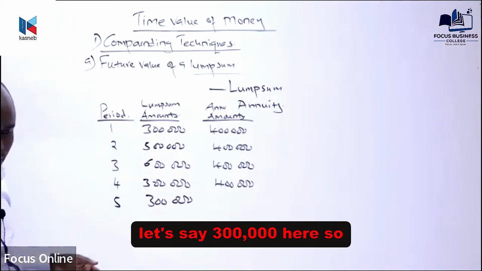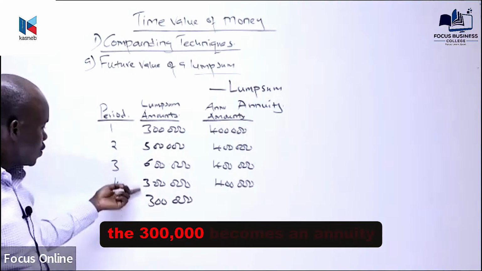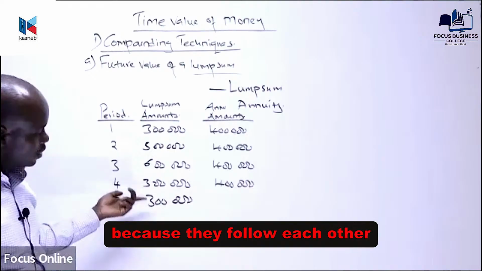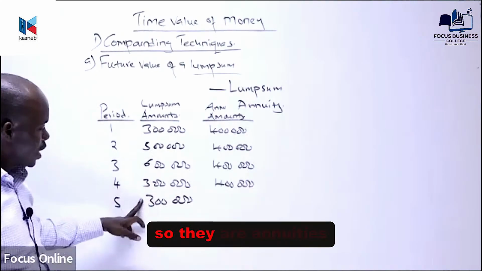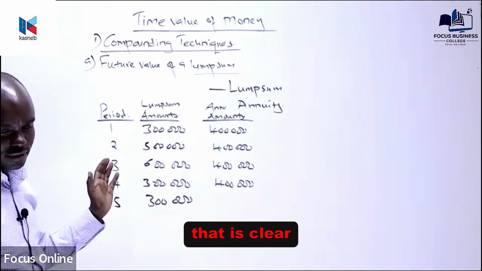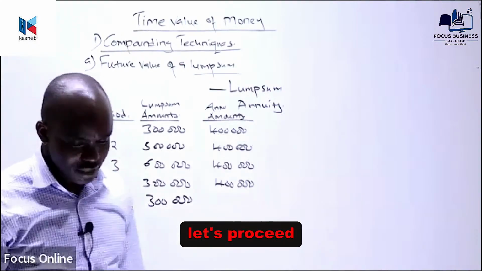So in year 4 and year 5, the 300,000 becomes an annuity because they follow each other. We have two 300,000s that follow one another. So they are annuities. I want to believe that is clear. That's okay? Okay, fine. Let's proceed.